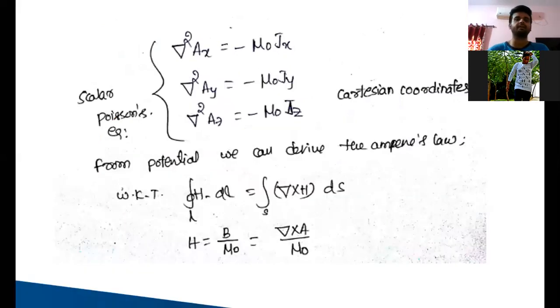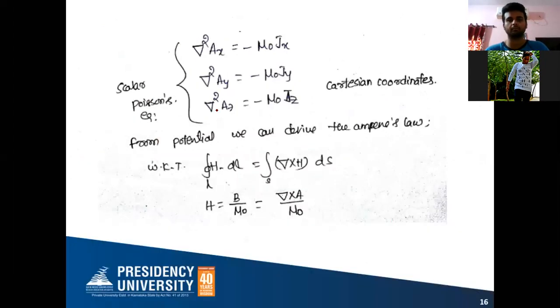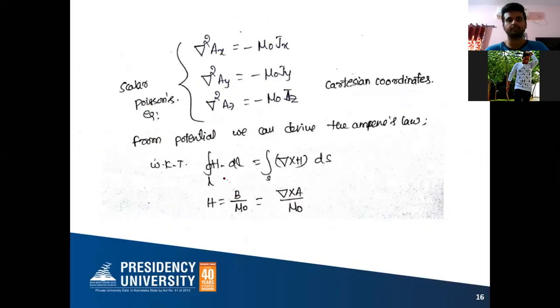In Cartesian coordinates, you can write: del square Ax equals minus mu naught into Jx, del square Ay equals minus mu naught into Jy, del square Az equals minus mu naught into Jz. These are called scalar Poisson's equations. Now H dot dl equals del cross H dot ds. H equals B by mu naught equals del cross A by mu naught, as I explained just now.